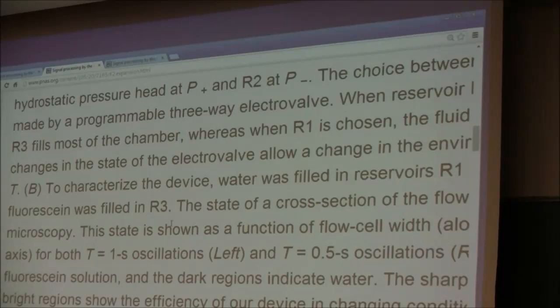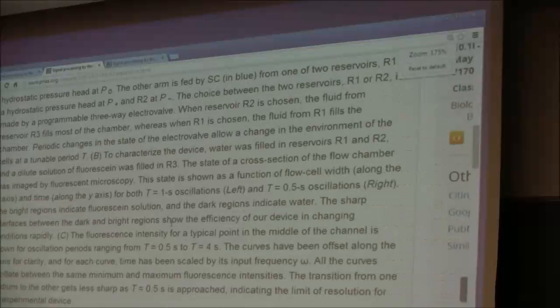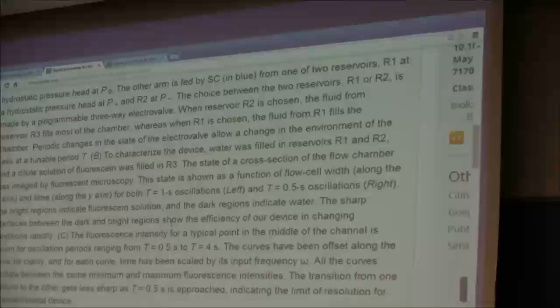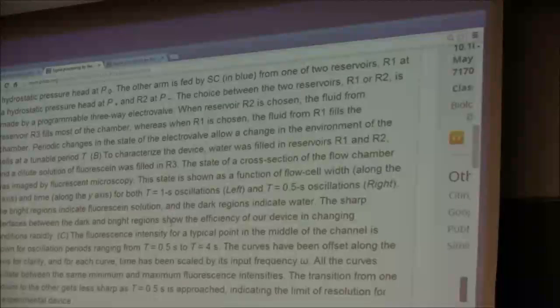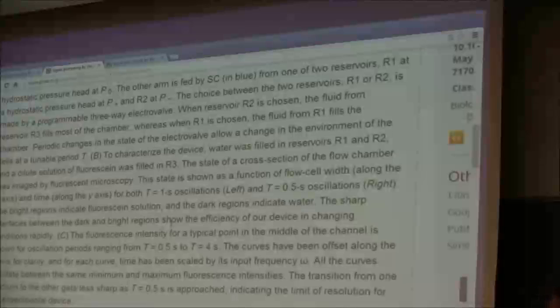All right, C, fluorescence intensity for a particular point in the middle shown for oscillation periods. All right. Okay.